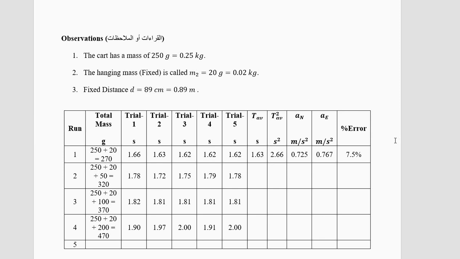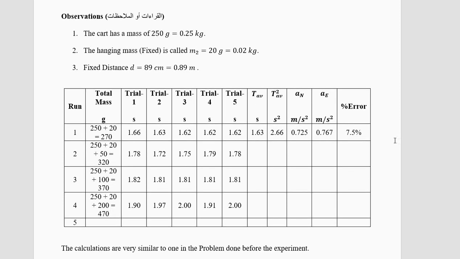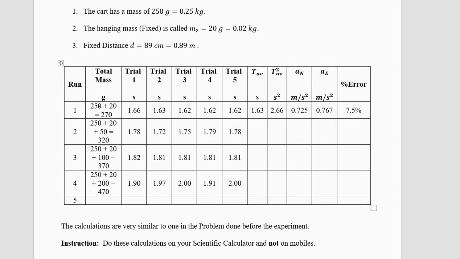You can fix it differently if you so wish. First, do the experiment with the empty cart, add 20 grams. There is no mass in the first case. 250 plus 0 plus 20 equal to 270. 20 is the hanging mass, 250 is the mass of the cart, which is empty.